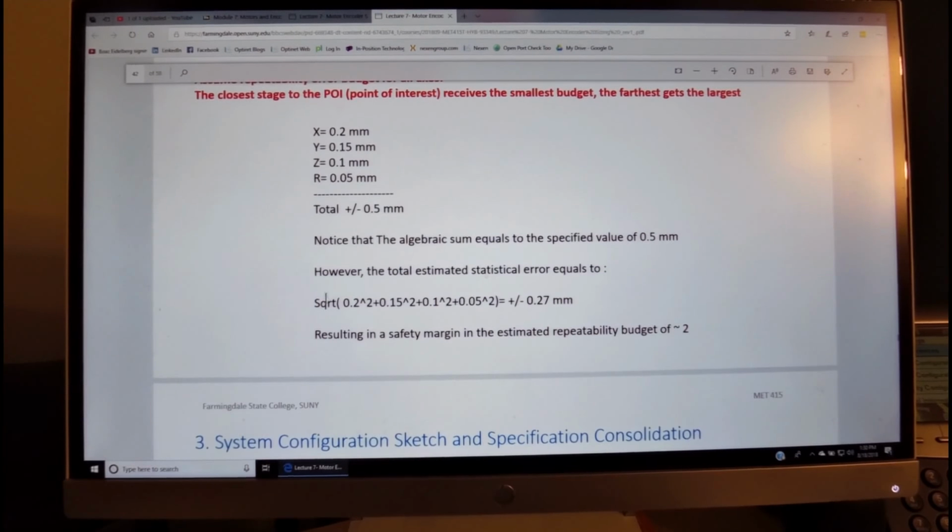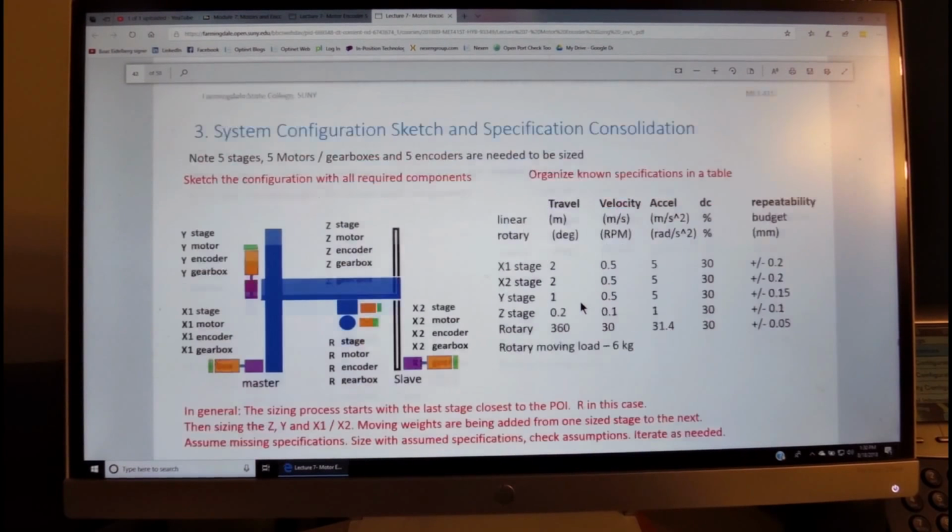And when we go through that calculation, we find out that the expected standard deviation or the repeatability at the point of interest will be not the algebraic sum of all of these contributions, but rather the statistical sum, which is about half as much. So if we give this error budget, we have a safety margin as expected.